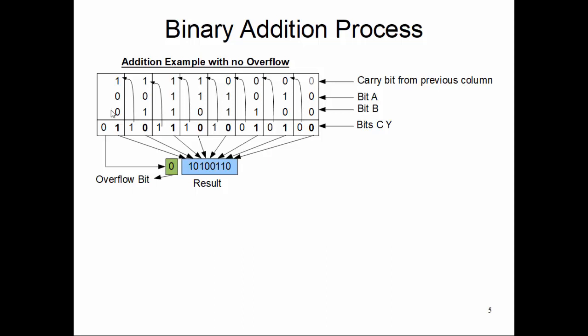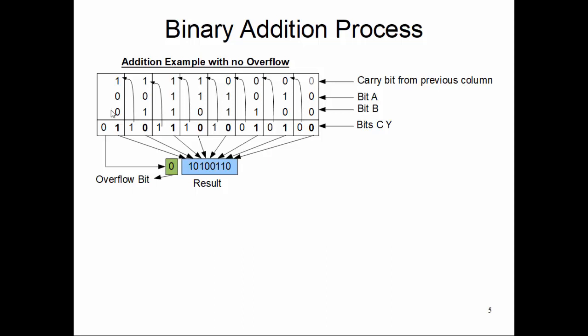It must have an extra bit. Of course, the reason is that 8-bit has a range, right? Even unsigned 8-bit has a range from 0 to 255. So if your sum becomes more than 255, you will not be able to express your sum with 8-bit, right? It needs to have a 9th bit.